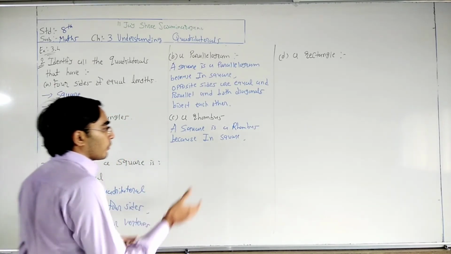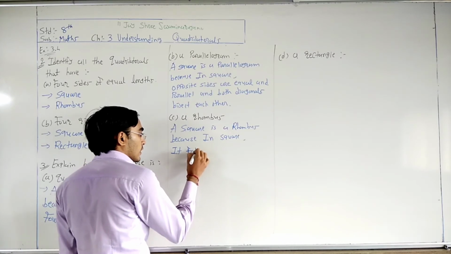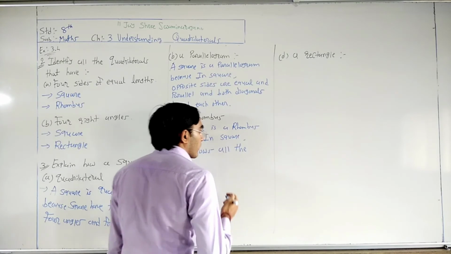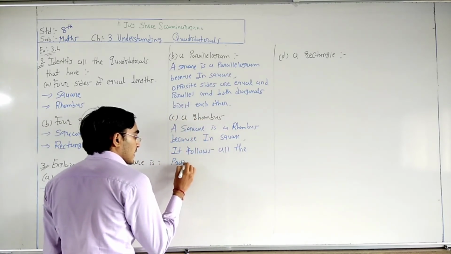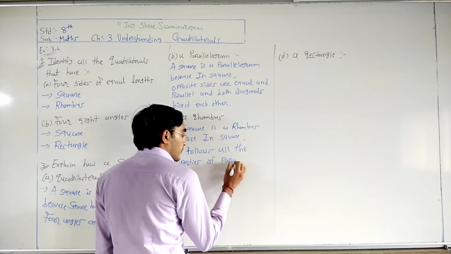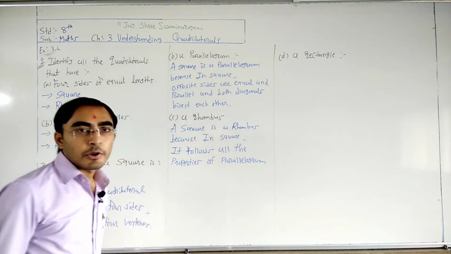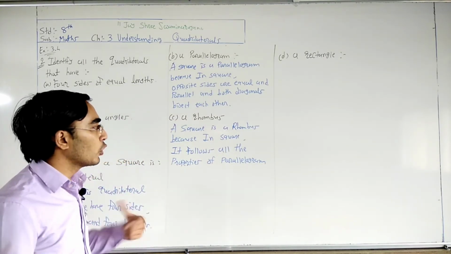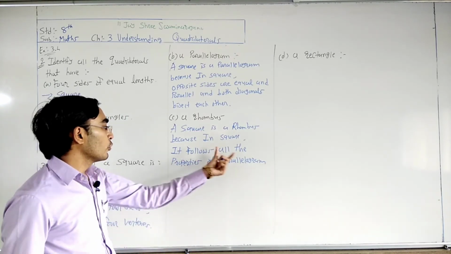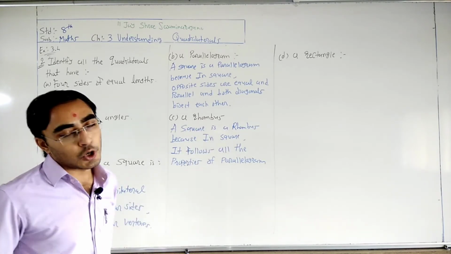So first of all, a square follows all the properties of a parallelogram. Right, because opposite sides are equal and parallel, that we also require for the rhombus, and that we already have in the square. After that, what is the extra property required for the rhombus?